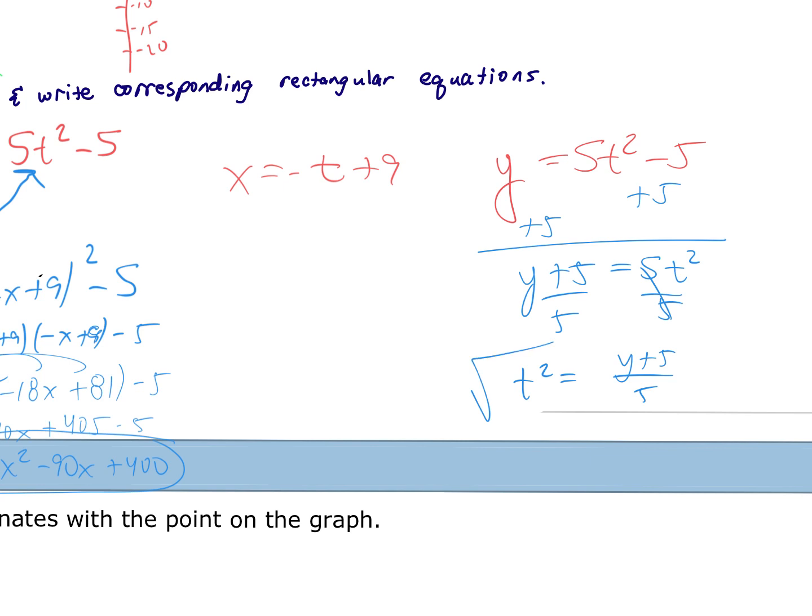Take the square root. Now, here's where we kind of fell apart. First of all, I had some people that canceled out the 5 in the numerator and the 5 in the denominator. Can you do that? No, that 5 is attached to the y. Guys, when you take the square root, what goes in front of your answer? So this is t equals plus or minus the square root of (y plus 5) over 5. So when you plug this into here, what goes in front of your t?